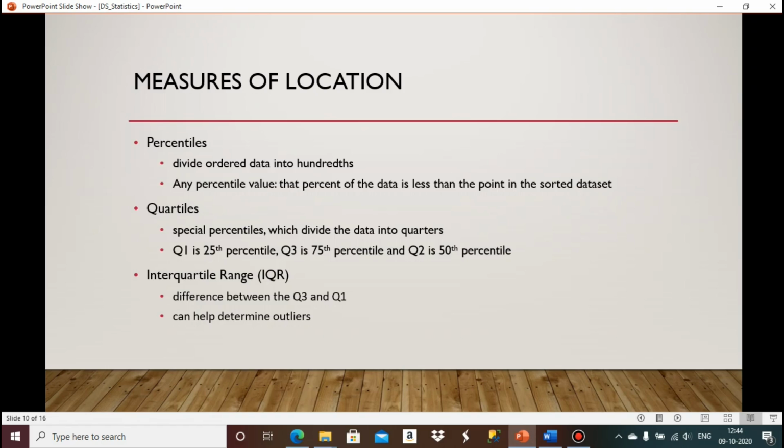Outliers are some data points which are actually not matching with the rest of the data set. You can say they are kind of outsiders or wrong data. We'll have some outlier calculation in the coming session, so it will be more clear to you. So for location measurement we are using these measures.